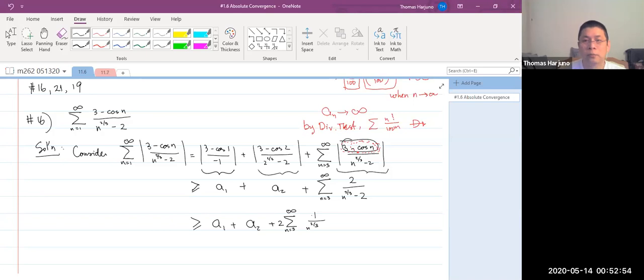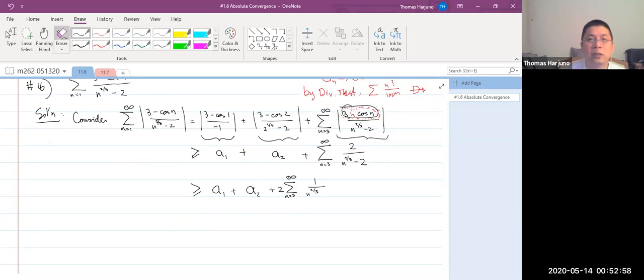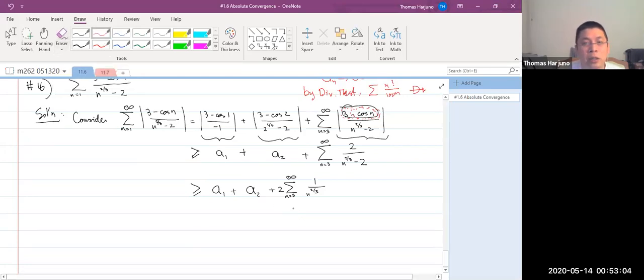And we know that this is a p-series, p equal to 2/3, which is less than 1.